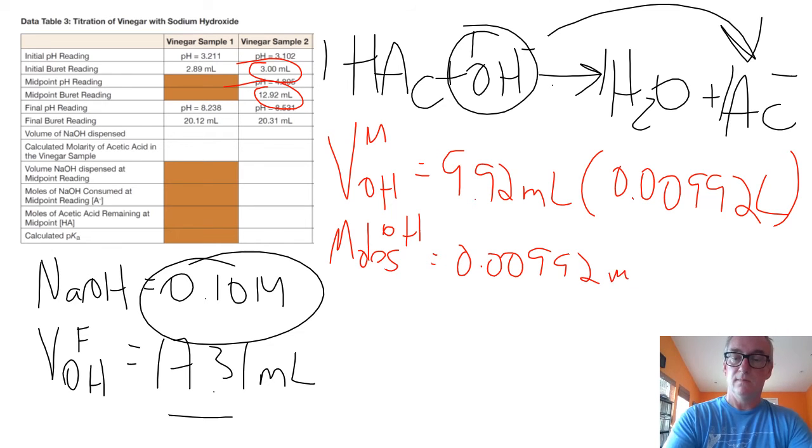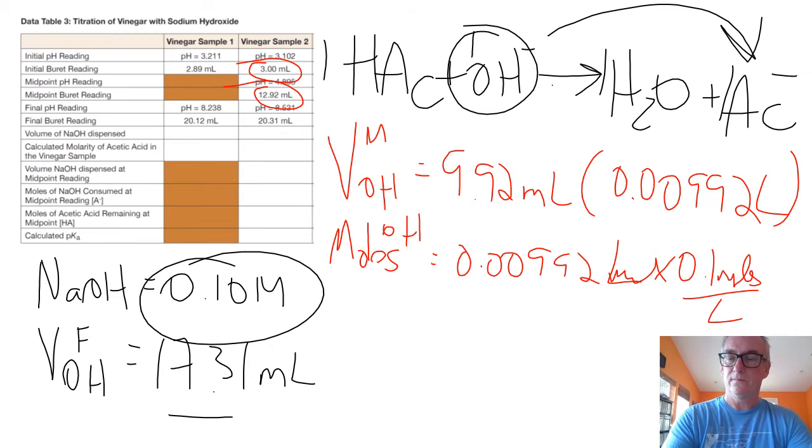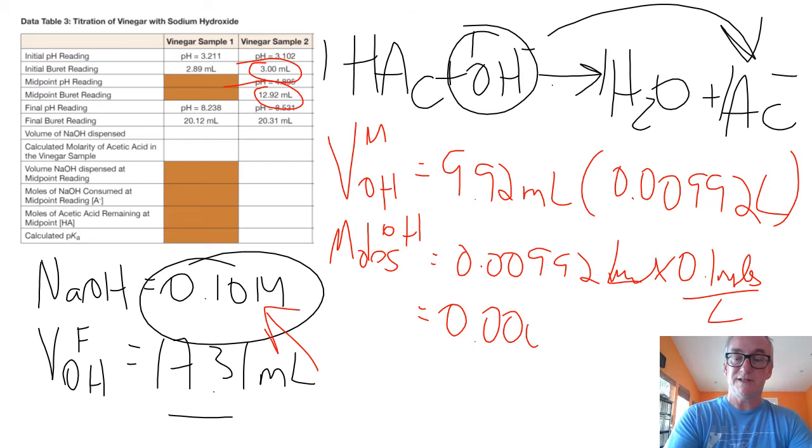Well, 0.00992 liters times 0.1 moles per liter. That is the concentration of the hydroxide. So what do we get? How many moles is that? 0.000992 moles.